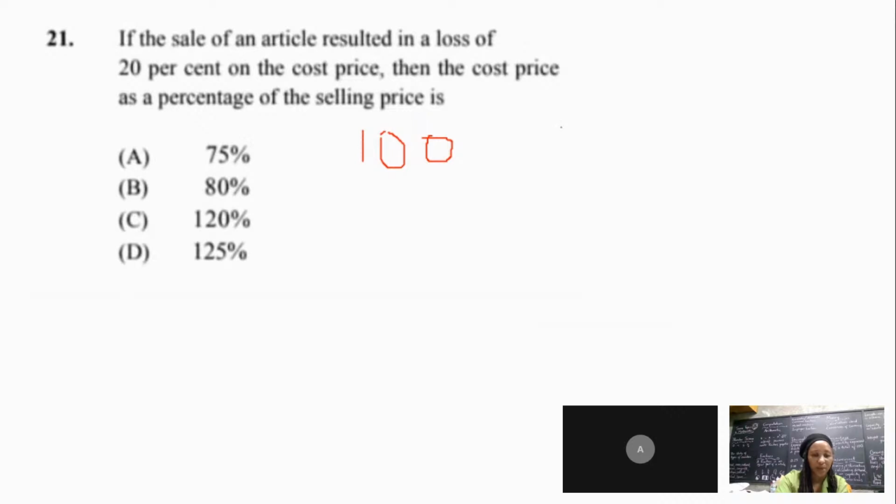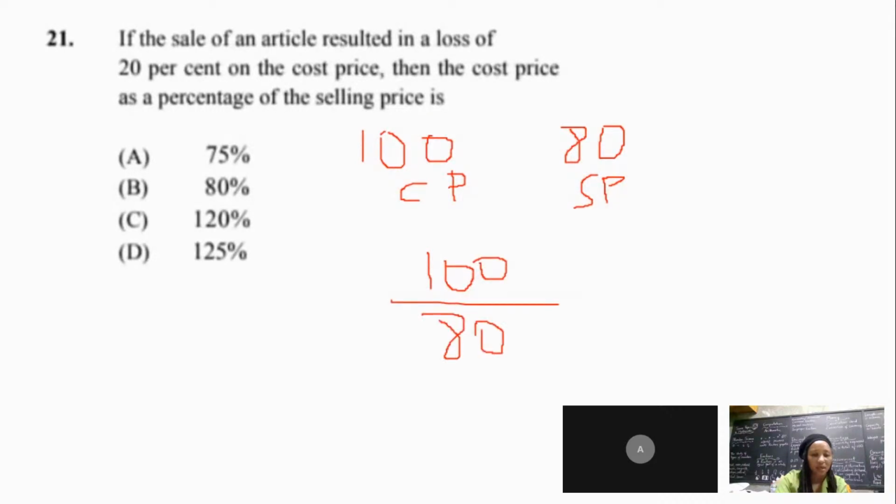So the selling price would be 80% of the cost price. So this is the cost price, 100%, that's the full cost. The selling price is 20% less. So they want you to express the cost price as a percentage of the selling price. So it will be the cost price over the selling price times 100.